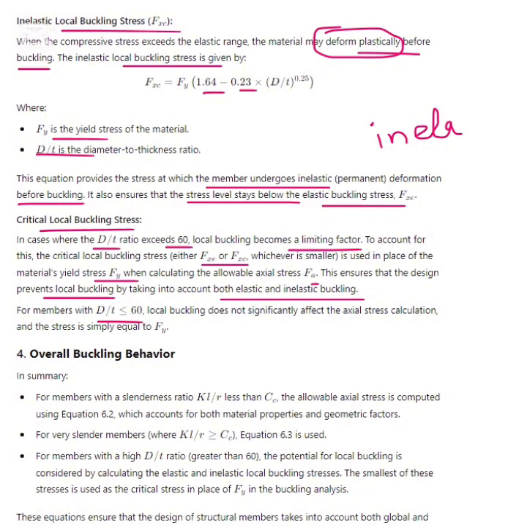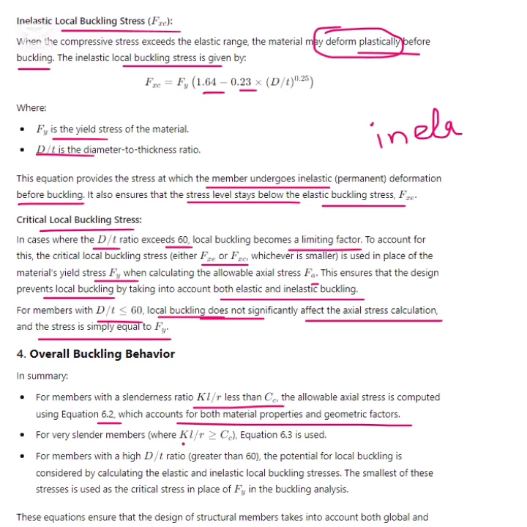For members with D/t less than or equal to 60, local buckling does not significantly affect the axial stress calculation, thus the stress is simply equal to Fy. For members with slenderness ratio KL/r less than Cc, the allowable axial stress is computed from equation 6.2, which accounts for both material and geometric factors.